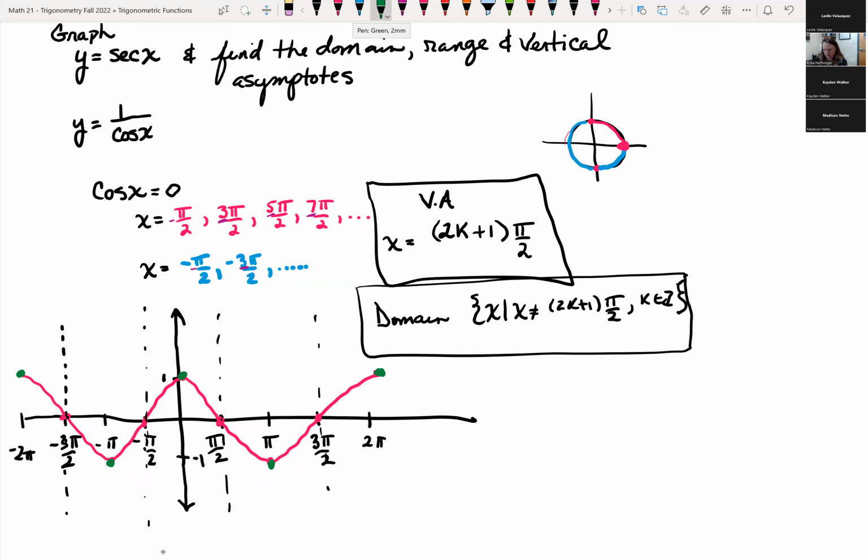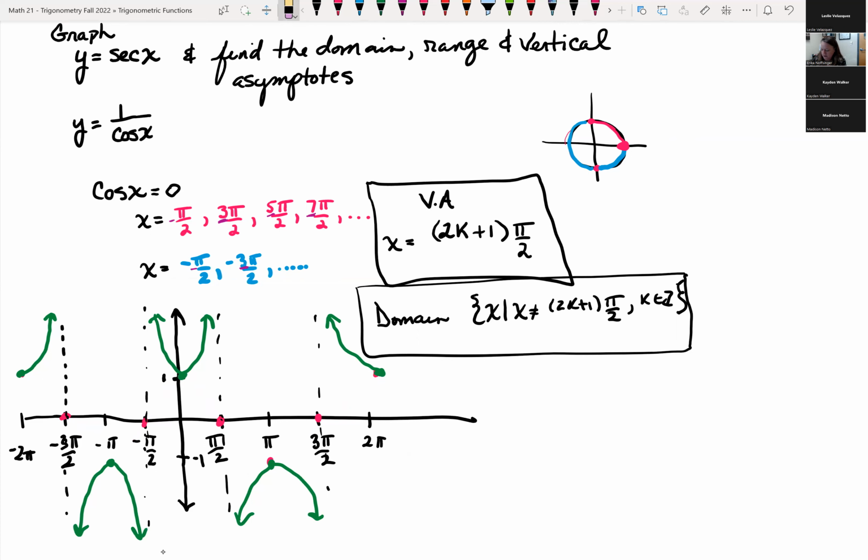And that's like the vertex of that parabola shape. And it's going to be hugging those vertical asymptotes. And so we have our graph of secant of x, and we can just get rid of our graph of cosine of x. Let's see, just secant of x in there.